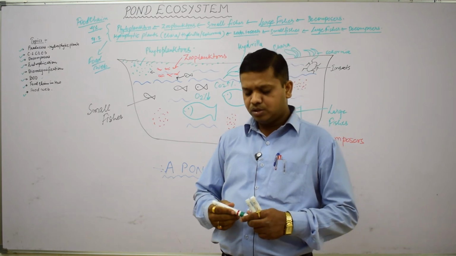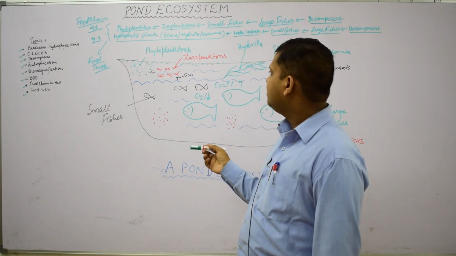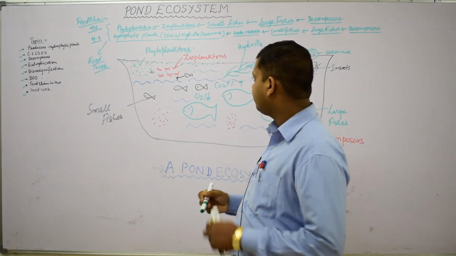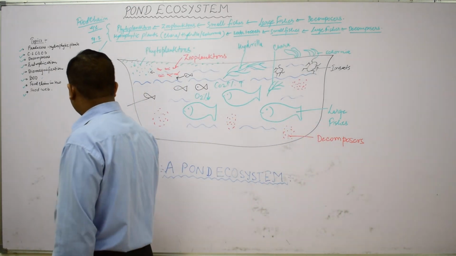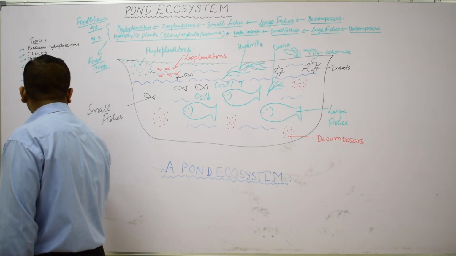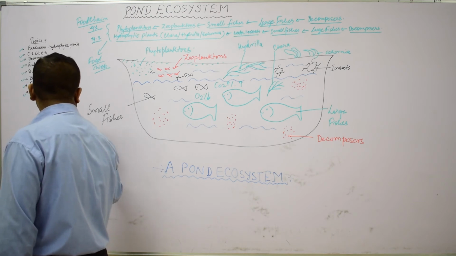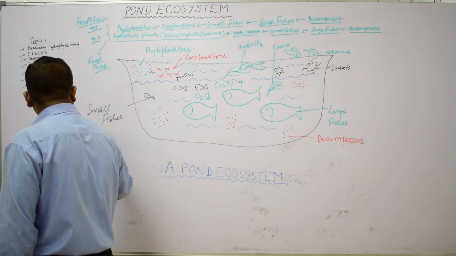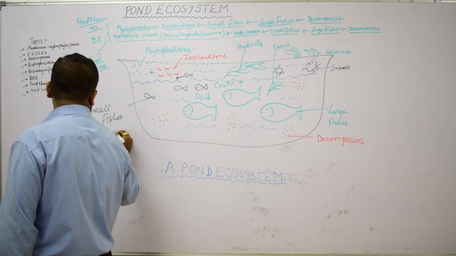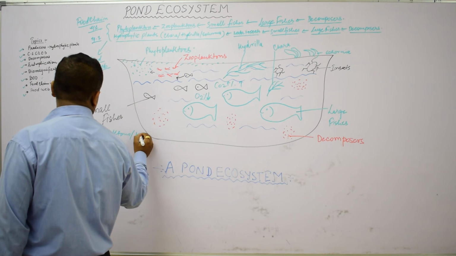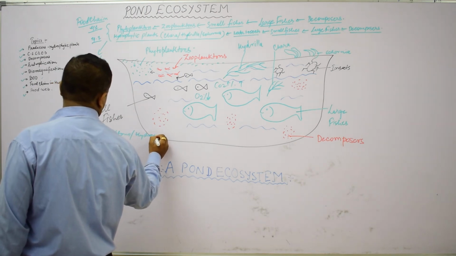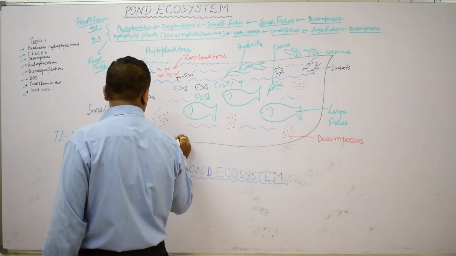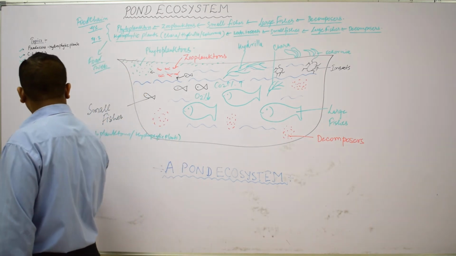Biomagnification means due to eutrophication, or suppose anybody is putting any toxic substance in the pond ecosystem, there are different trophic levels, as we can understand, like suppose in trophic level 1 we have zooplanktons, we have phytoplanktons, oblique hydrophytic plants. So, this is your trophic level 1.